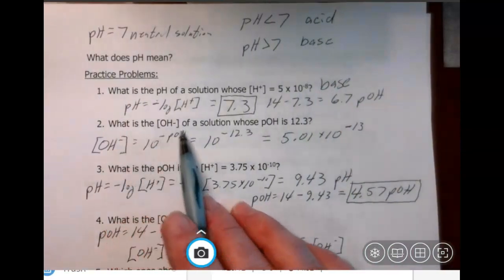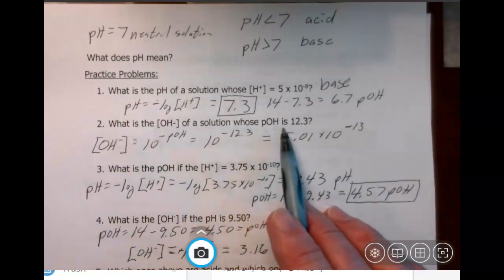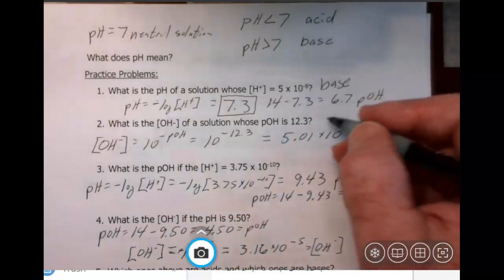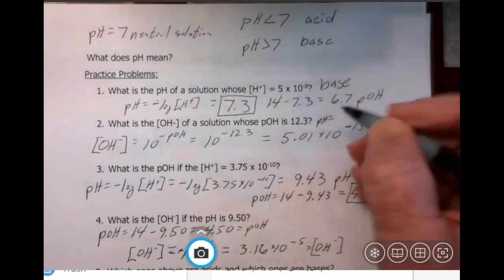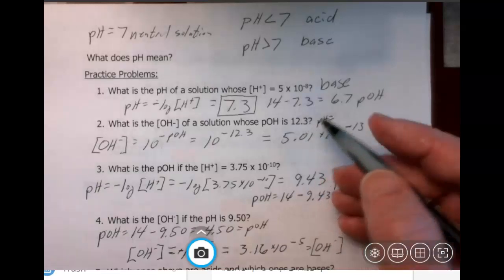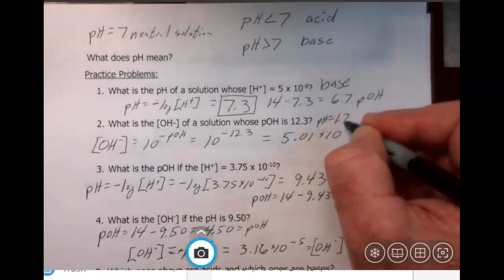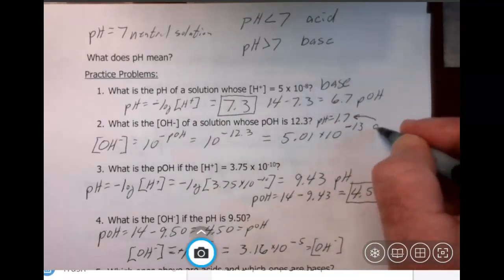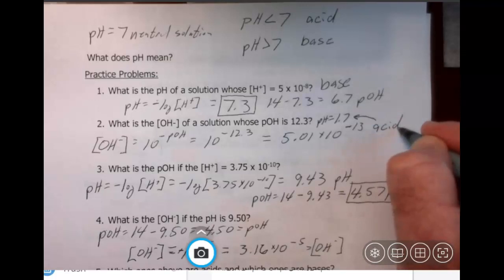And in number 2 here, we're given the pOH as 12.3. The pH is 14 minus 12.3. So 14 minus 12.3 is equal to 1.7. So since the pH is less than 7, this is an acid.